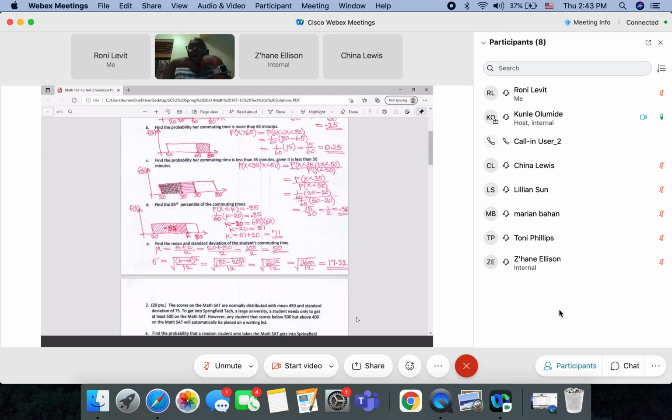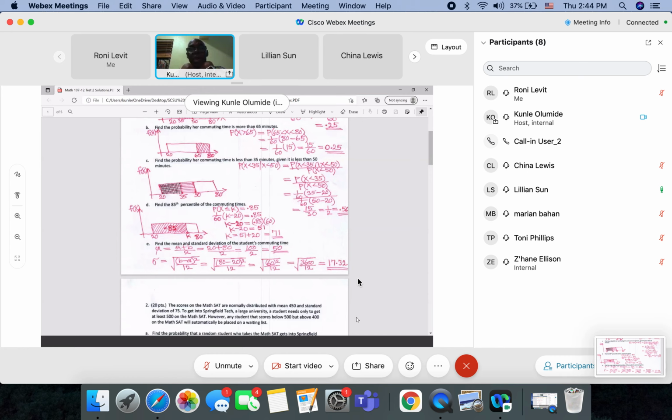So, what do you need to have to get into Springfield College? You need to have 500 or higher. 500 or more, right?